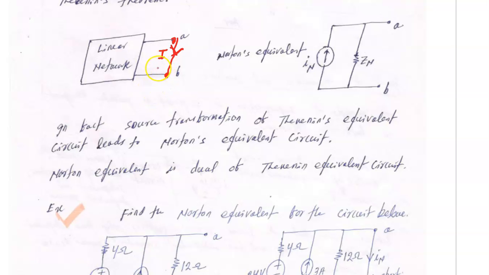The short circuit current I is your Norton current. In this case, you must keep operating all the sources inside this linear network. Then the Norton resistance you have already calculated in Thevenin's theorem, and that is the same.